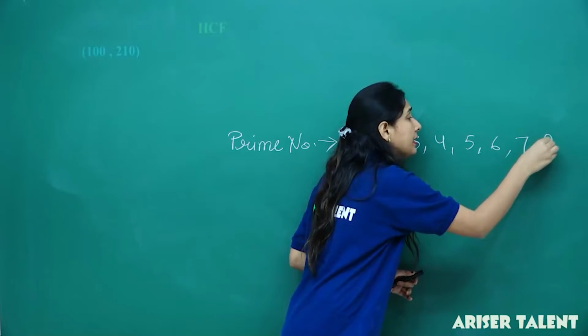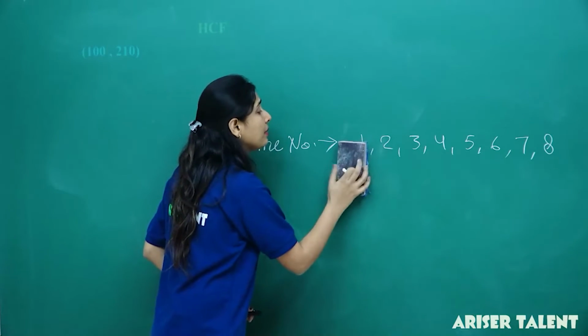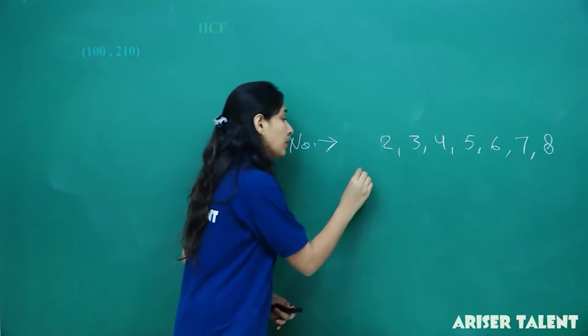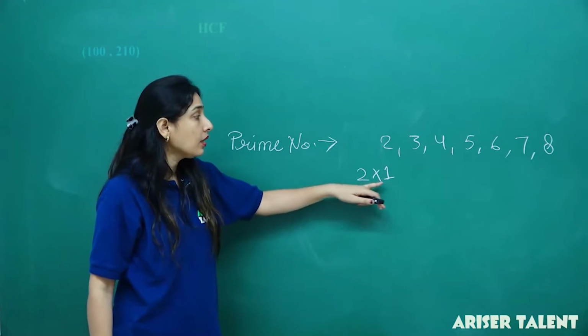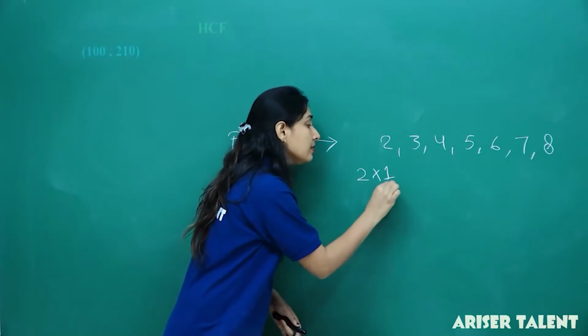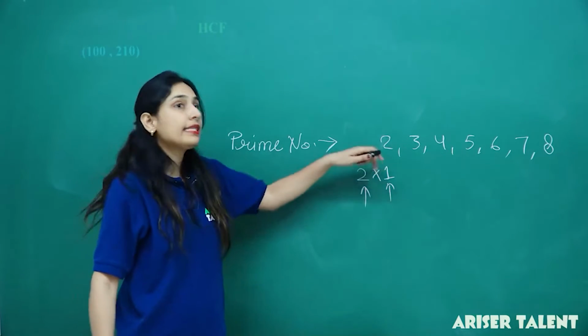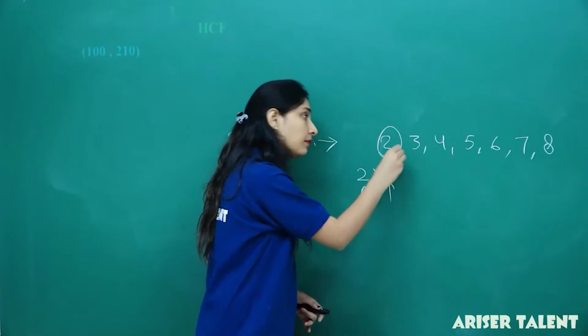I've told you 1 is not a prime number. Now 2 has factors 2 and 1. So the first factor is 1, the second is itself. Is there any third factor? No. So it is a prime number.